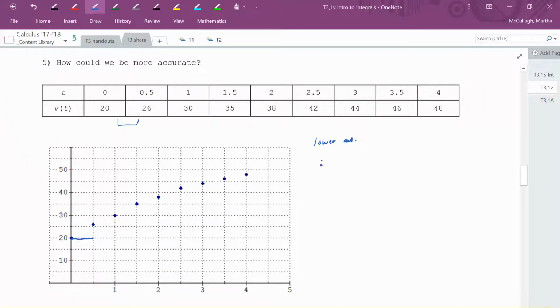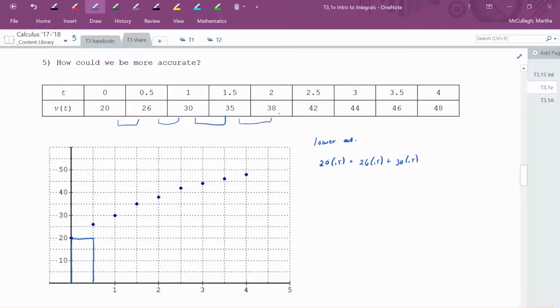20 feet per second times 0.5, because now our interval is only a half a second wide, plus 26 times 0.5, plus the lower number here is 30 times 0.5.